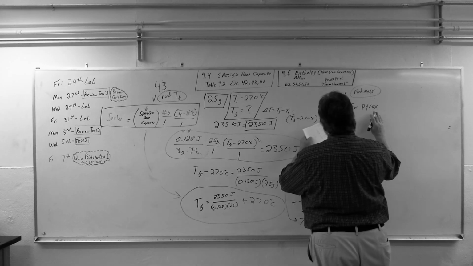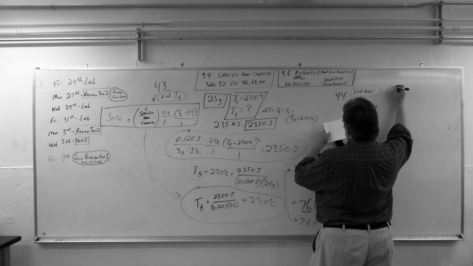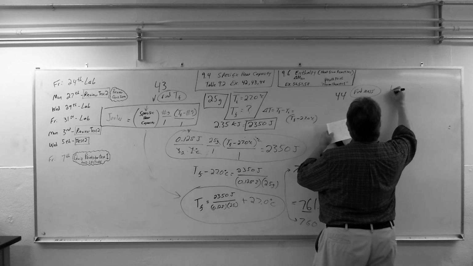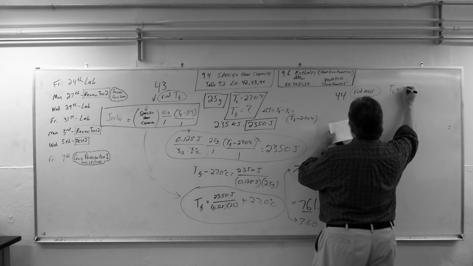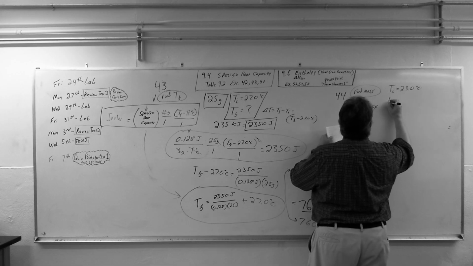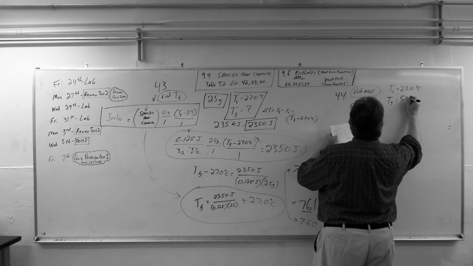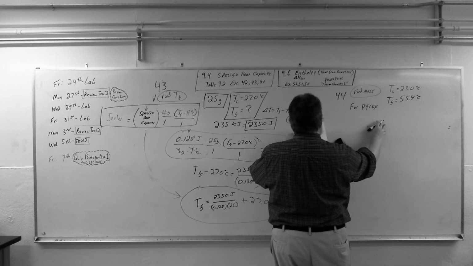The substance is Pyrex, so you look that up. It tells you, here's what you're given. Temperature initial is 23.0 degrees C. Temperature final is 55.4 degrees C. So you're given those things.